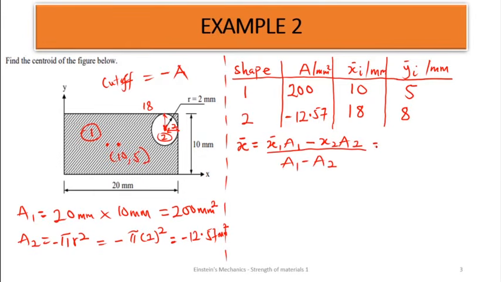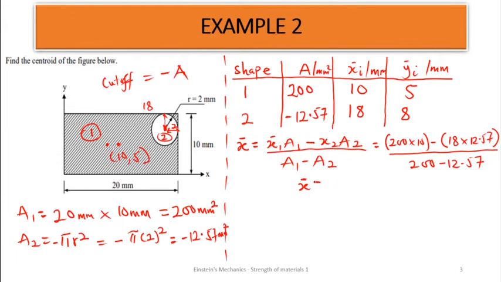So when you put in the values, you get 200 by 10 minus 18 by 12.57, everything on 200 minus 12.57, and your x bar for the composite shape is going to give you 9.46 millimeters.